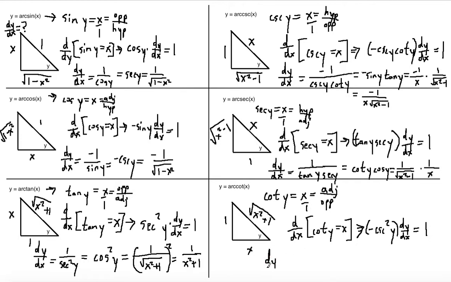So dy dx will be the same thing as negative 1 over cosecant squared of y, which is the same thing as a negative sine squared of y, which gives us, let's see, opposite over hypotenuse squared.